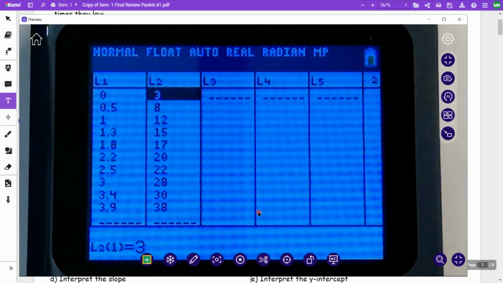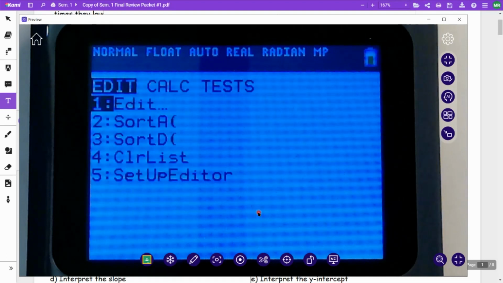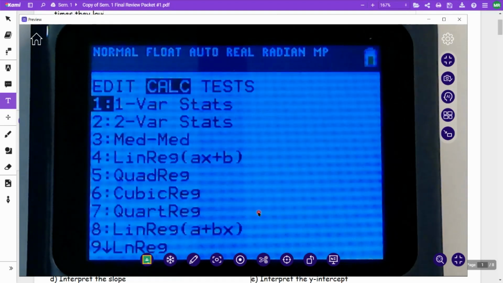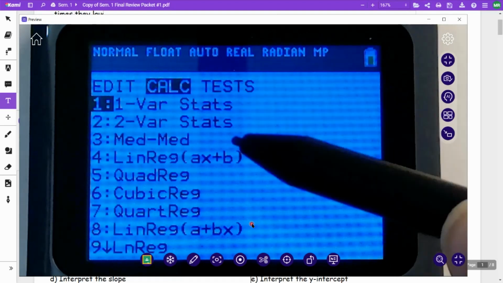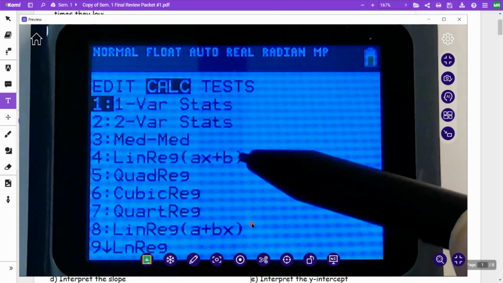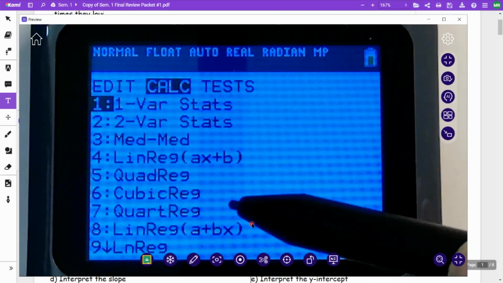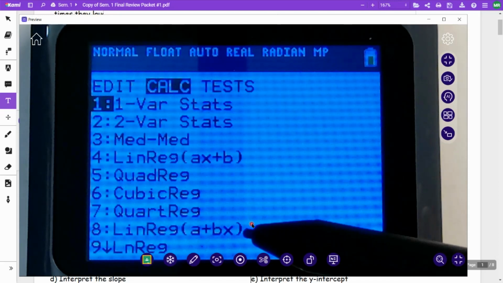Once you get that data in, you're going to press the stat button again, and then you're going to arrow to calculate. And you're either going to come and get number 4 or number 8. Okay, so number 4 is our line of best fit of the form AX plus B. Here, this one is of the form A plus BX.